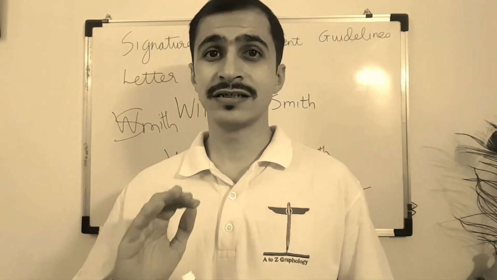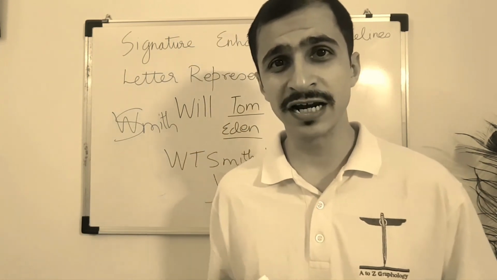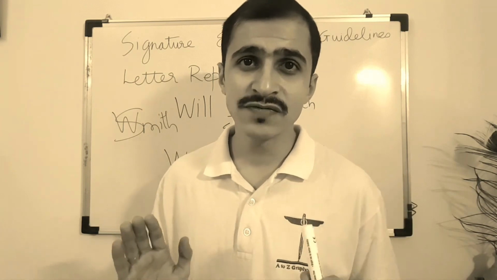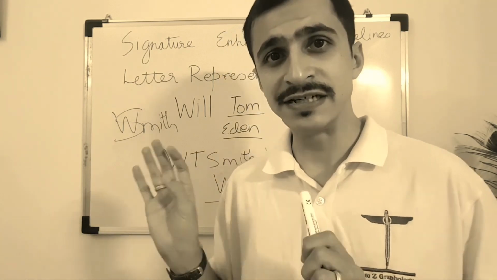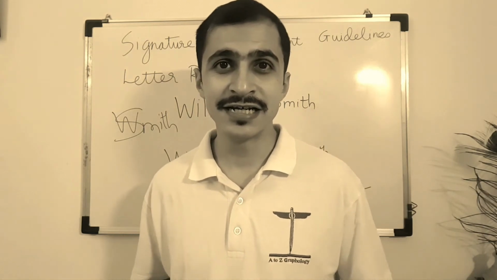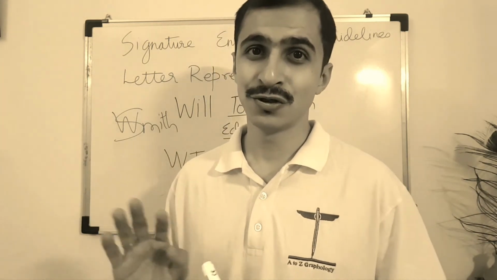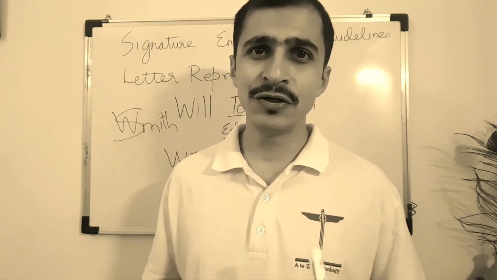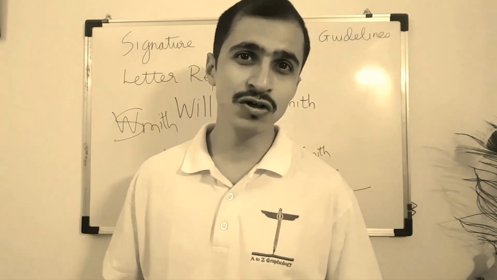So there are so many ways of overwriting. But just make sure that the best way is to give each letter its individual space, legibility, clarity, inclination, underline, no dots. All these concepts, if you keep in mind, will help you to form a basically good signature.